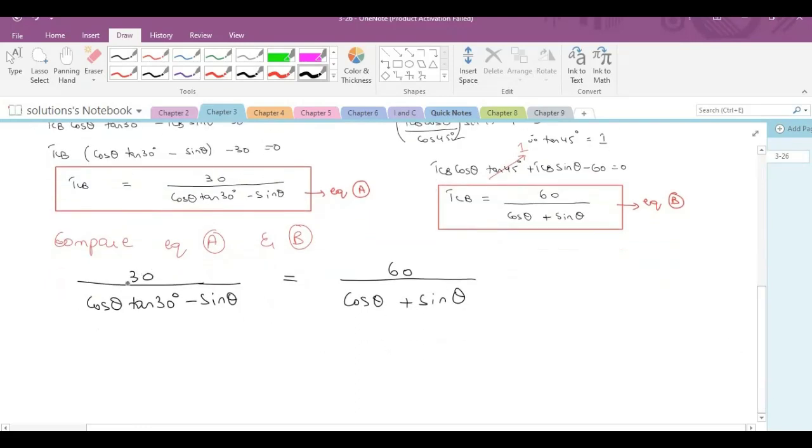Upon further simplifications, we have 2 right here, and then we can do the cross multiplication. So we have cos theta plus sin theta is equals to 2 times of this whole bracket.